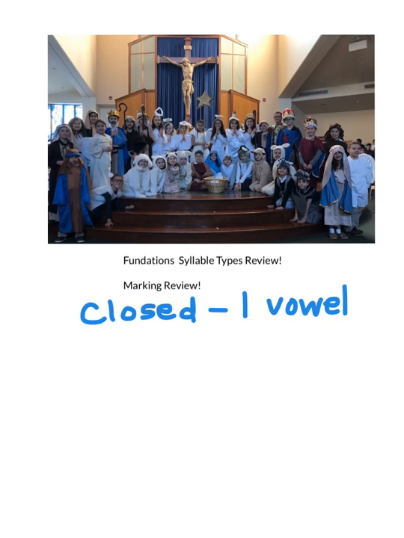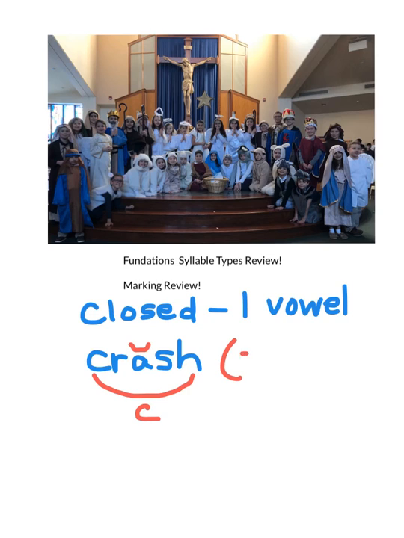An example of that type of syllable would be in the word crash. Here's the word crash. And let's look at it. Remember that it has only one vowel. So we're going to mark it this way with our scoop, and then we're going to mark C for closed. Now, if you remember, we put a breve above the vowel, meaning that that vowel is short.